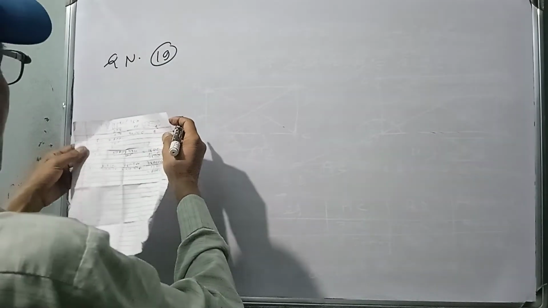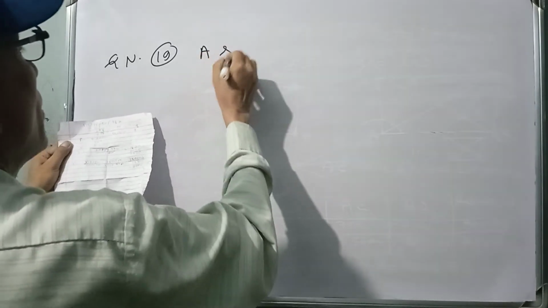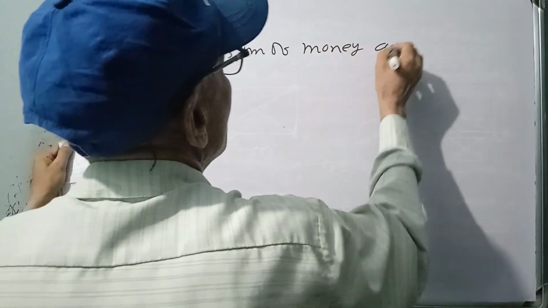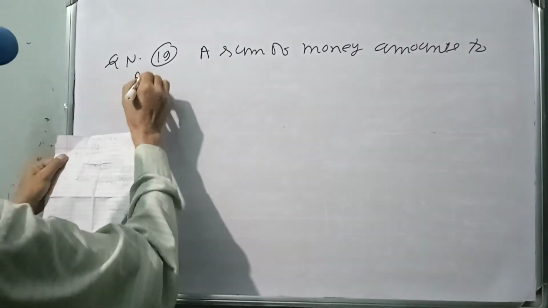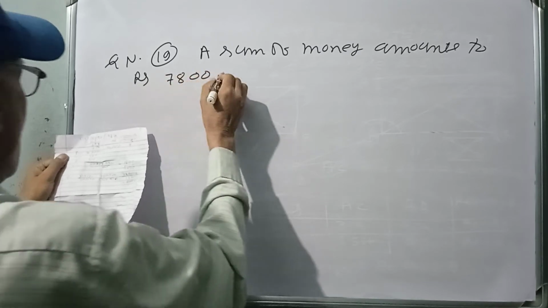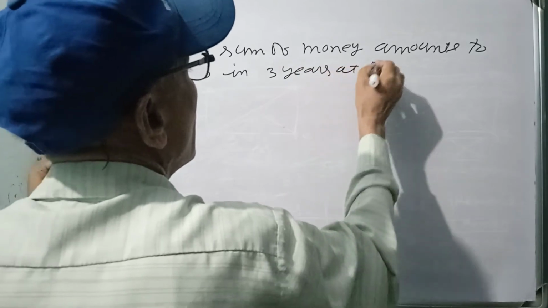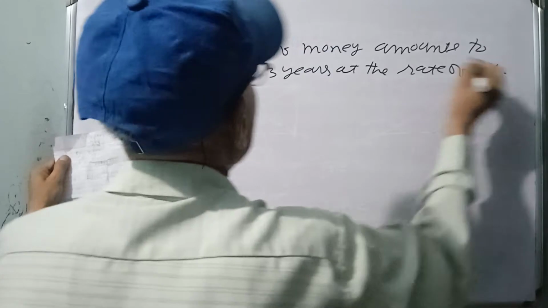Question number 19 is as follows. A sum of money amounts to rupees 7,800 in 3 years at the rate of 10%.